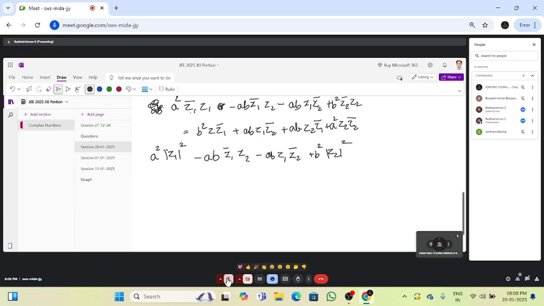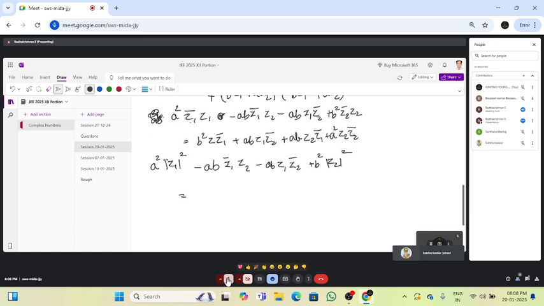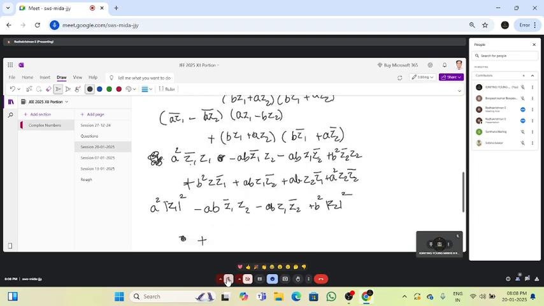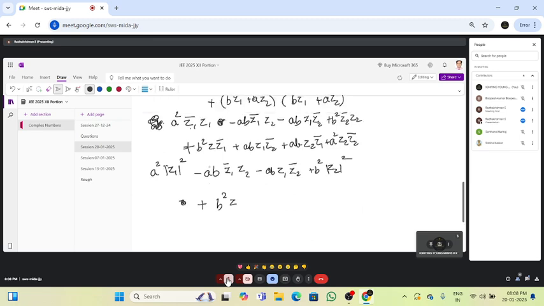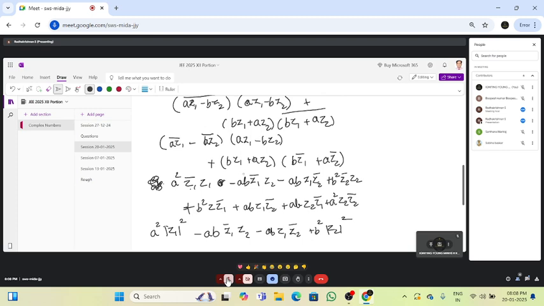A Z1 plus AB Z1, plus, okay, this plus, right? B square Z1 square.